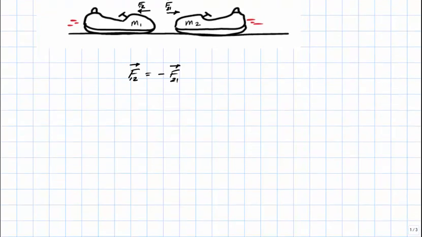Now, according to Newton's second law, we know that generally speaking, F just equals mass times acceleration. If we apply that to the equation we have on the left, that will produce M1 times A1 must equal the negative of M2 times A2.